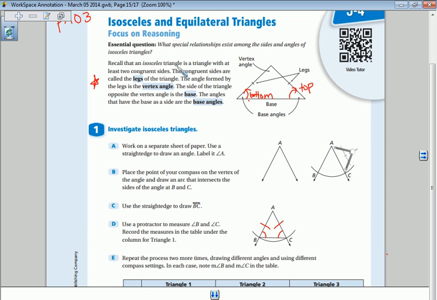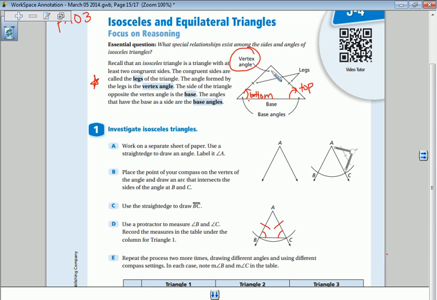All right, recall that an isosceles triangle is a triangle with at least two congruent sides. The congruent sides are called legs of the triangle. The angle formed by the legs is called the vertex angle. And I have seen on released SAT questions where they said the measure of the vertex angle is 32 degrees, find x, when they put an x down here. So you need to know what the vertex angle is.